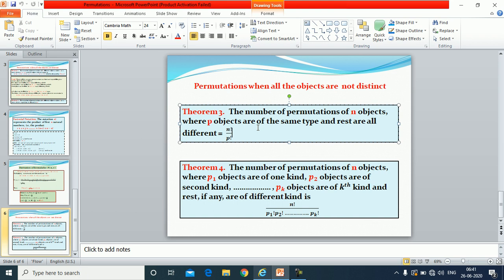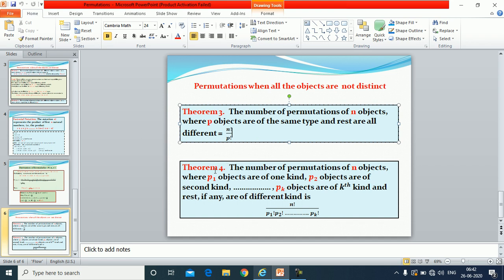Whatever arrangements are repeatedly counted should be eliminated. So how will that be done in case of apple? If I have to arrange the letters to get how many words we are going to get, the number of letters is 5, so it will become 5 factorial over 2 factorial. Why 2 factorial? Because there is a letter P which is appearing 2 times.